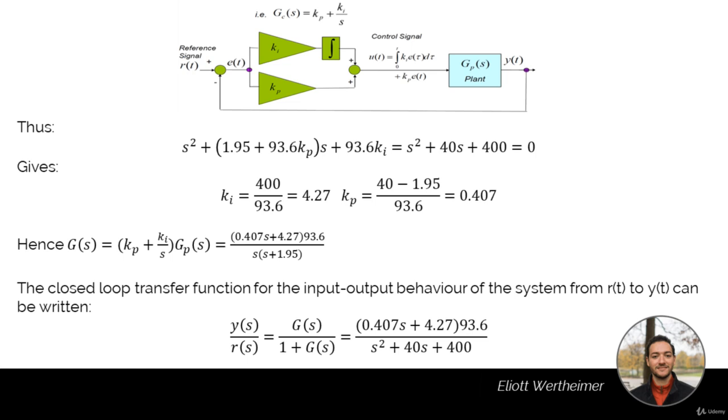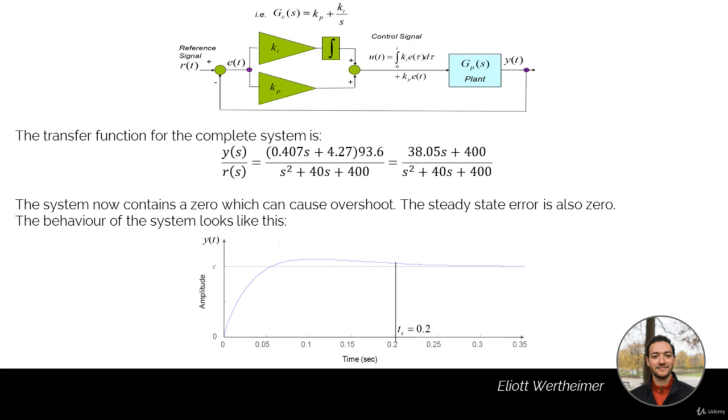So the closed loop transfer function for the input-output behavior of the system from R(t) to Y(t) can then be written Y(s) over R(s) is equal to (0.407s plus 4.27) multiplied by 93.6 divided by s squared plus 40s plus 400. The transfer function for the complete system is now Y(s) over R(s) equals (38.05s plus 400) divided by s squared plus 40s plus 400.